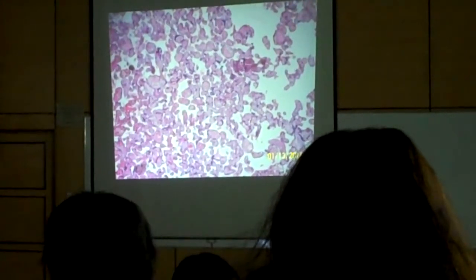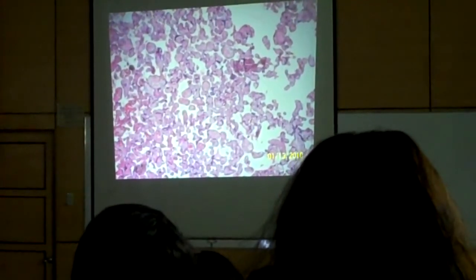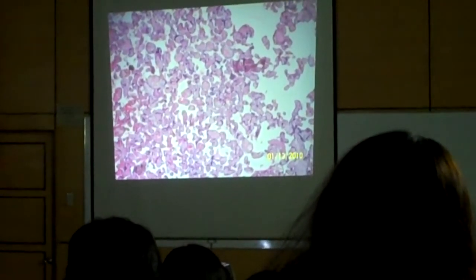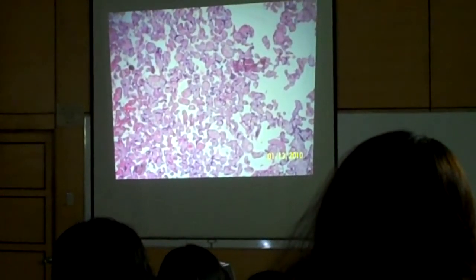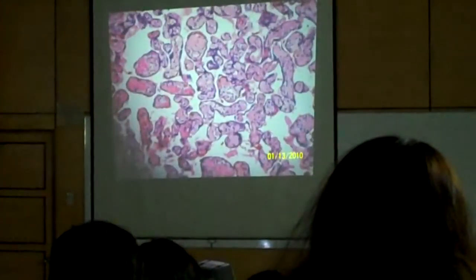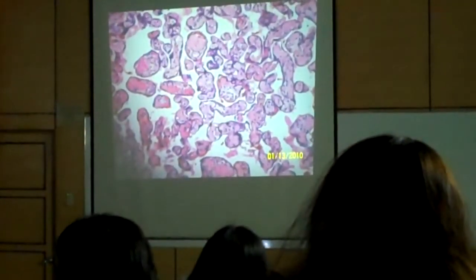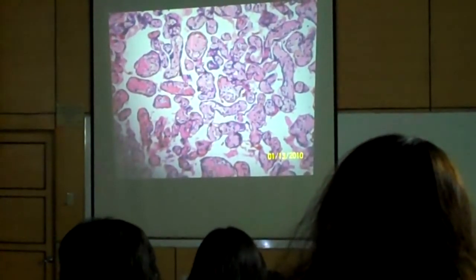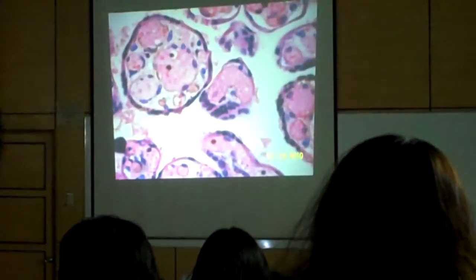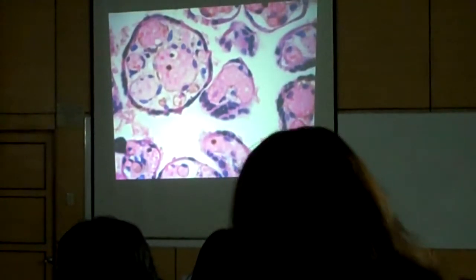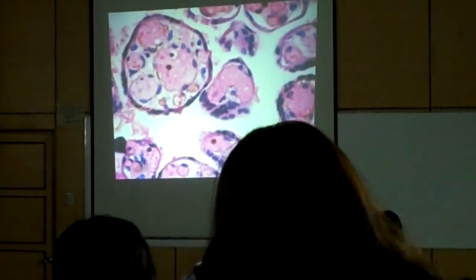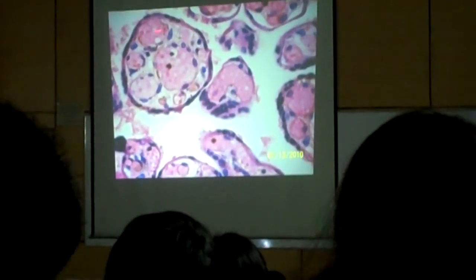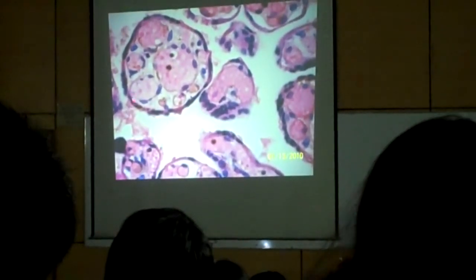These scattered structures here are chorionic villi. Okay, so each one is a chorionic villus. And each chorionic villus is lined by cells. Okay, this is the mature placenta. So this is a mature chorionic villus.